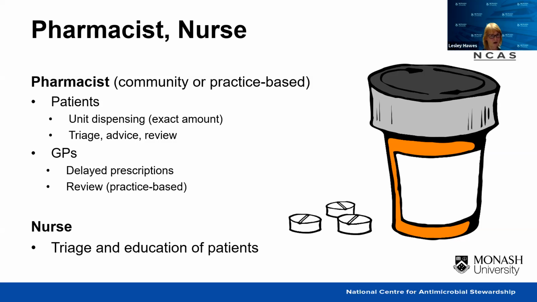And then the nurse role wasn't large in the literature, and it was primarily about triage, whether it was a hot phone line in the community or triage at the practice level of patients as they came in. But there was definitely a role seen that nurses could be active in the community with triage and with education of patients, and that covers all ranges of nurses.